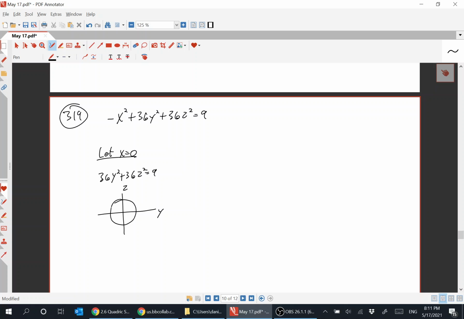So more generally, for x equal to k, just x being equal to any constant, then I have 36y squared plus 36z squared equals 9 plus k squared. This is a constant. So again, you're going to have a circle.